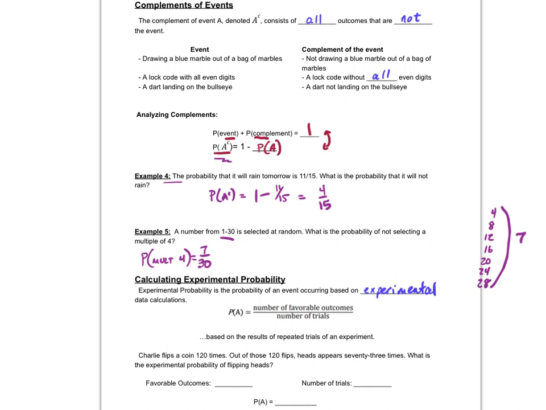Okay, and then if that was the probability, the complement of that event is going to be something along the lines of 1 minus 7 out of 30, or 23 out of 30 would be the probability of not selecting that multiple of 4. So there you go.